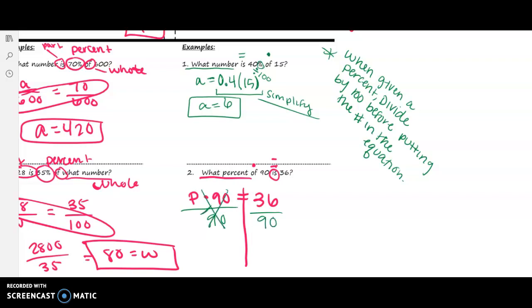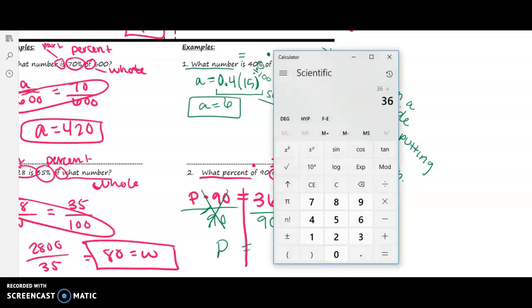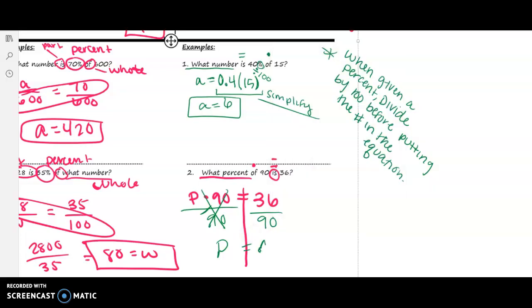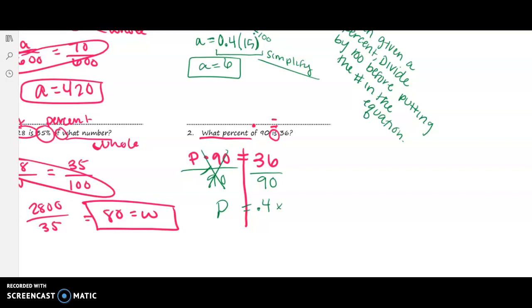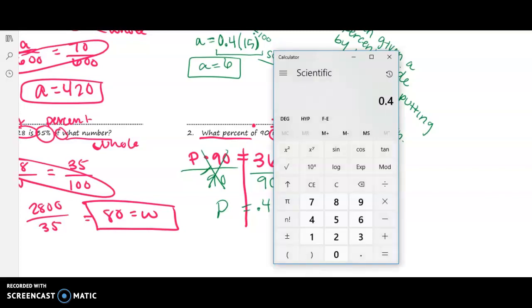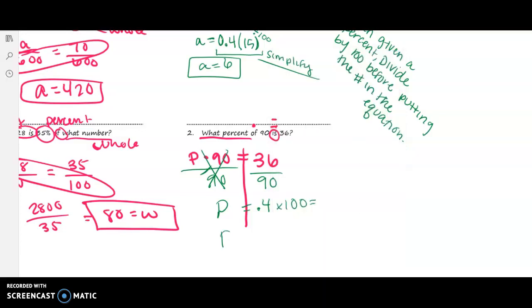Those cancel, and I get P equals 36 divided by 90. When solving for P, we said up here that we have an extra step, and so we have to multiply our answer by 100. So we're going to say times 100, and we get 40. So P equals 40%.